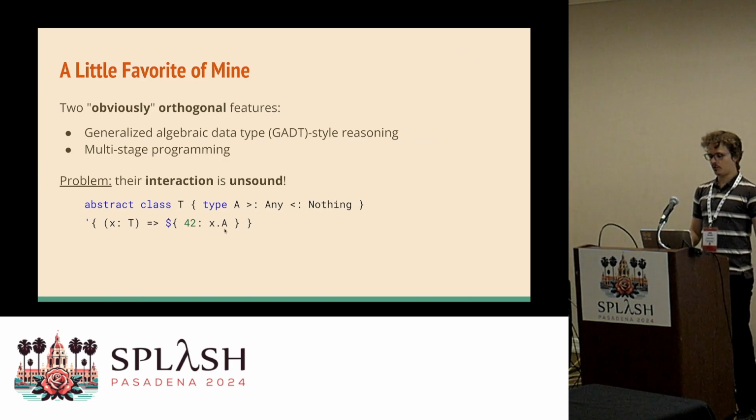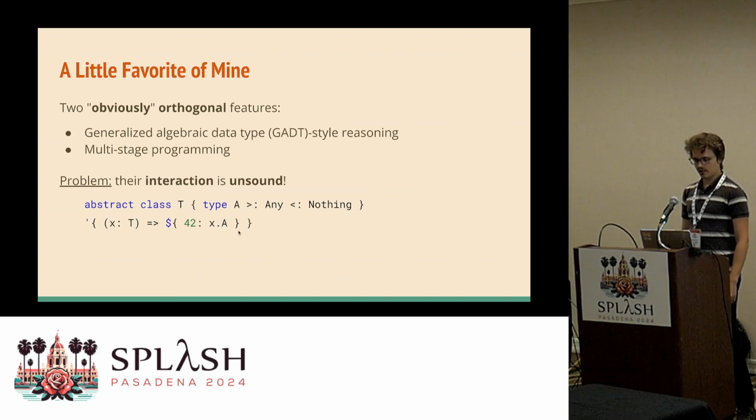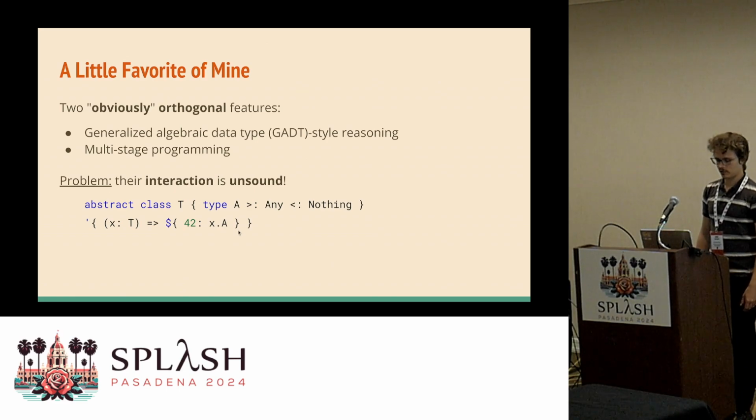Well, it's a type we don't know because we don't know anything about x. We just know it's a T, right? But we know it's greater than Any, so surely 42 is less than A, right? We also know that it's less than Nothing, so it's good enough as the type of the result here. And that's a problem because it means you're going to generate code that's actually ill-typed. And you could even crash the program generator itself without even running the generated code.